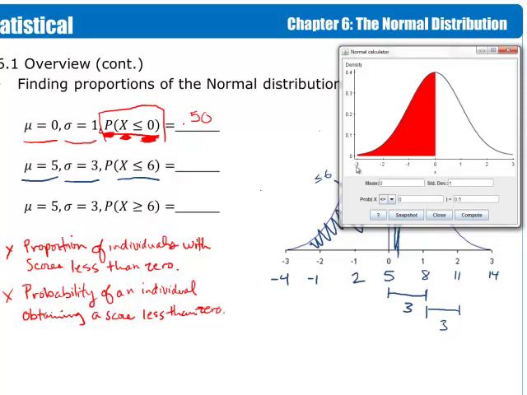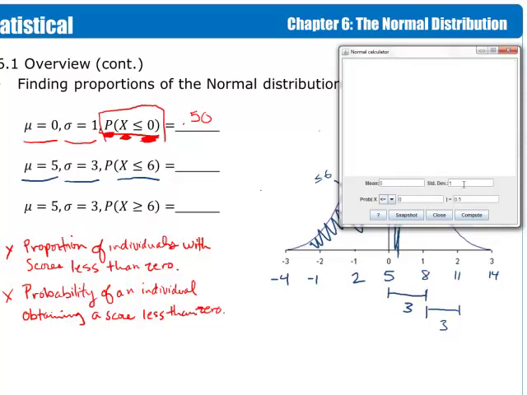You can see here we've got the 0 in the middle with minus 1, minus 2, minus 3, and positive 1, 2, and 3. This is the setup of the first situation, but that's not the population we have in the second situation. In the second situation, we have a mean of 5, so we'll plug in 5 for the mean, and we have a standard deviation of 3, so we'll plug in a 3 for the standard deviation.